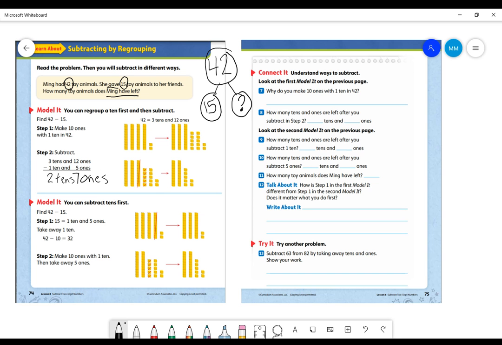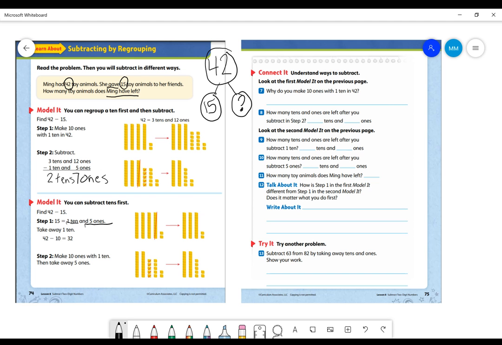So it's saying the first thing that we could do is with 42, we can go ahead and take away that 1 ten that we have in 15. So then we would go down to 3 tens and 2 ones. Then we could take the 3 tens and 2 ones, change it to 2 tens and 12 ones, and take the 5 ones away and have 2 tens and 7 ones left over.